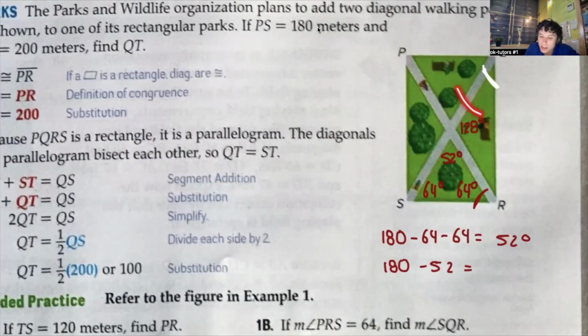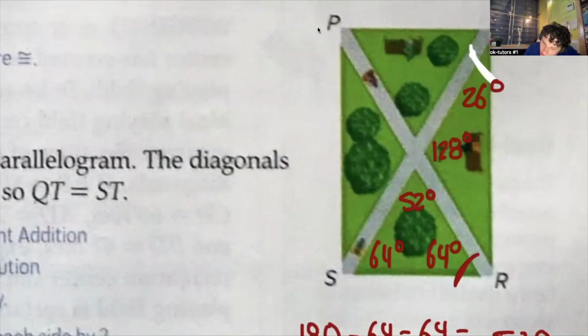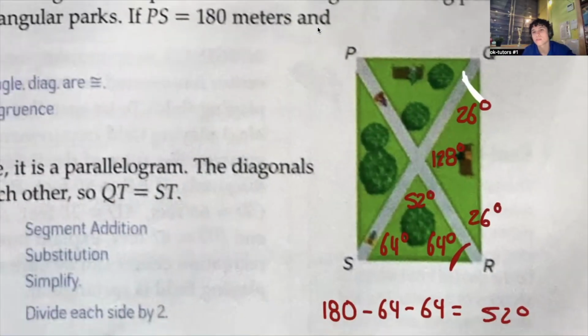And this is an isosceles triangle, so the base angles are going to be congruent: 180 minus 128 equals 52, divided by 2 equals 26. So this angle is 26 degrees, and this angle is also 26 degrees.